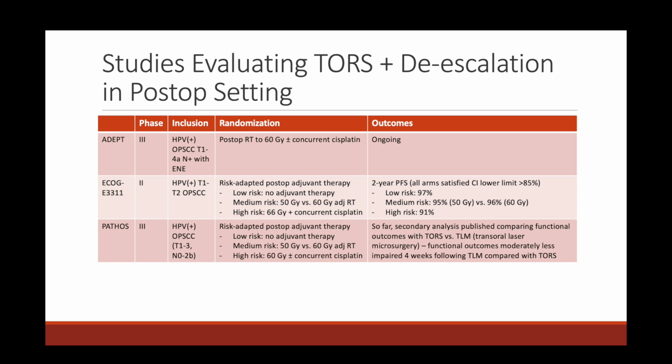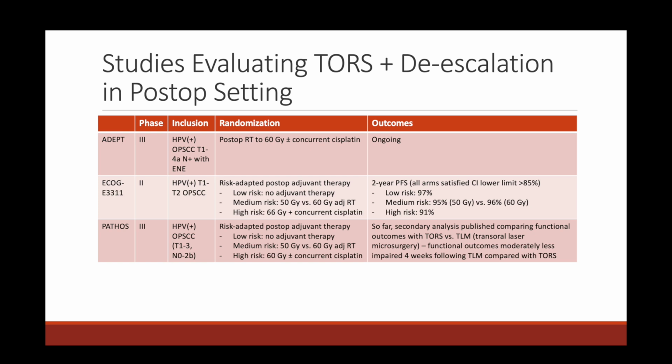The final trial is the PATHOS trial, which is a phase 3 trial looking at HPV-positive cancers and also very similarly randomizing them to a risk-adapted postoperative approach. If they're low risk, they don't get any adjuvant therapy. If they're medium risk, they get 50 versus 60 gray of radiation. And if they're high risk, they get 60 gray with or without concurrent cisplatin.